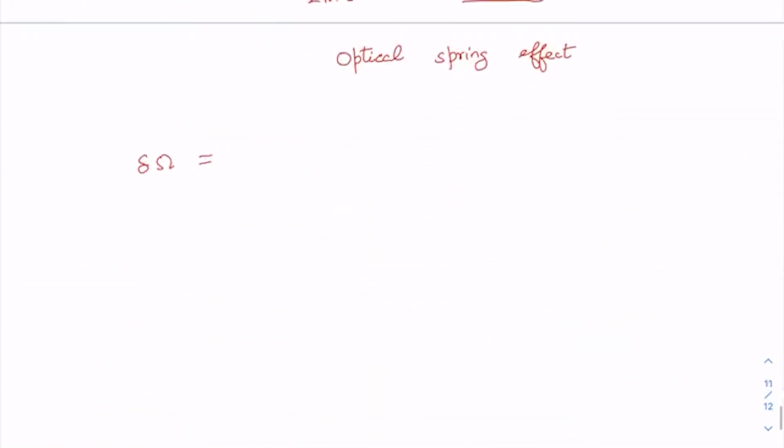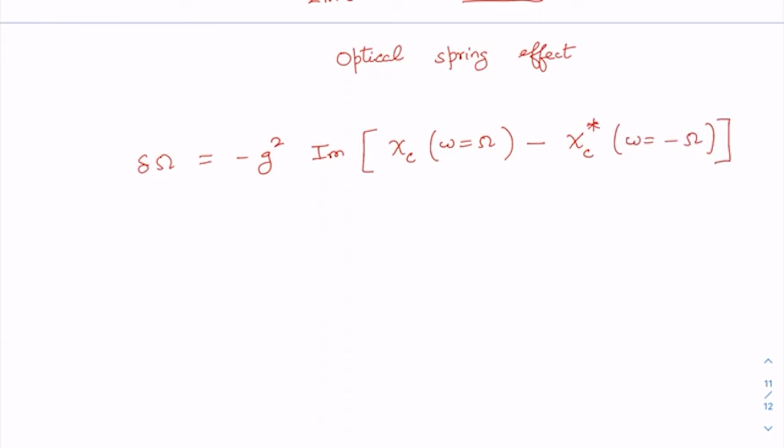Delta omega will be equal to minus z square, times the imaginary part of chi of c, the cavity susceptibility, evaluated at plus capital omega, minus its complex conjugate evaluated at the negative of this capital omega, the resonance frequency.